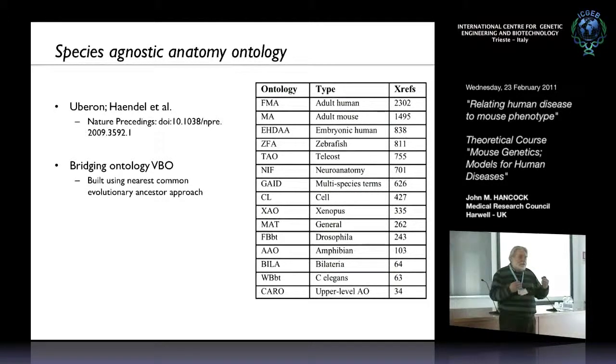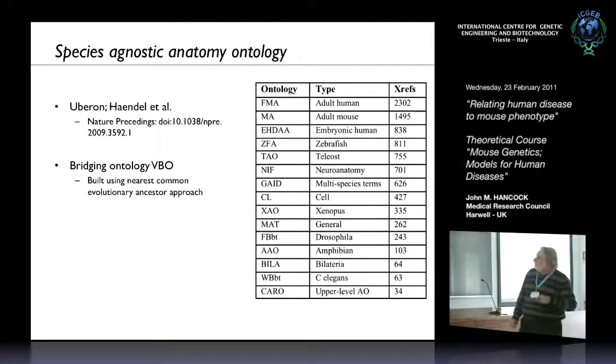So, because linking anatomical terms just using text mining is not always going to work, you need to have a bit of manual input. And so we're trying to build the VBO at the moment just to link between vertebrates, so that we know that this bit of a fish is homologous to this bit of a mouse, for example.